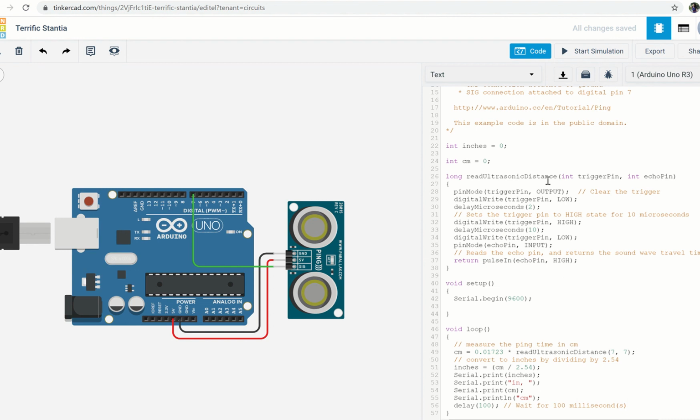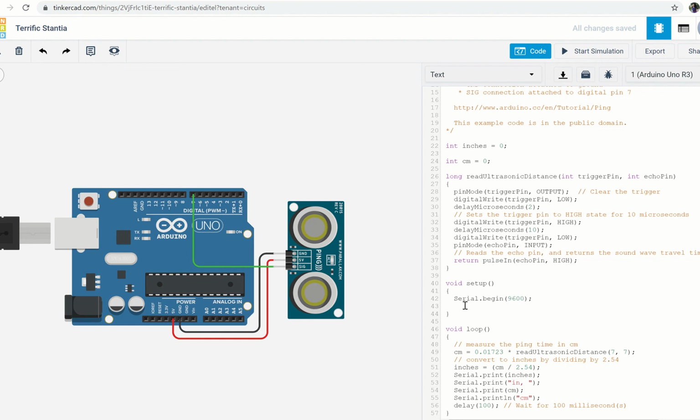Then they read the ultrasonic distance. That's one of the syntaxes. First they clear the trigger, and then they set the trigger on high state for 10 microseconds. This is when they transmit and send out the signal, and here they take as an input to read the travel time.